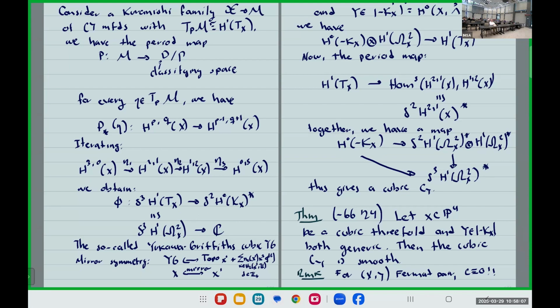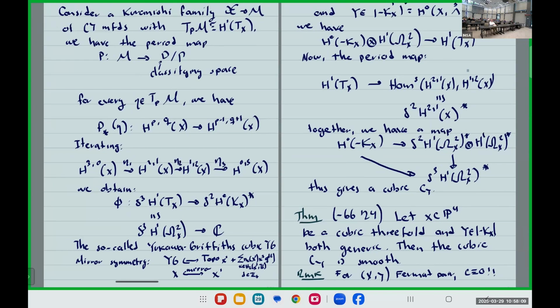Now, the result that I want to present is that if you have a cubic threefold and you fix y in this anti-canonical divisor, assuming that both of them are generic, then the cubic C_Y is smooth. For this, we use the Jacobian ring.